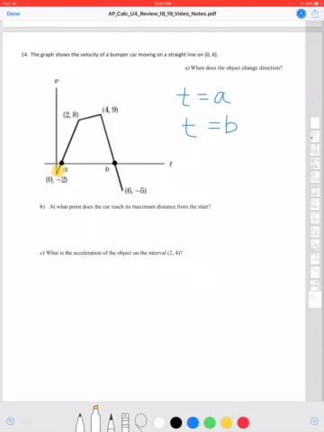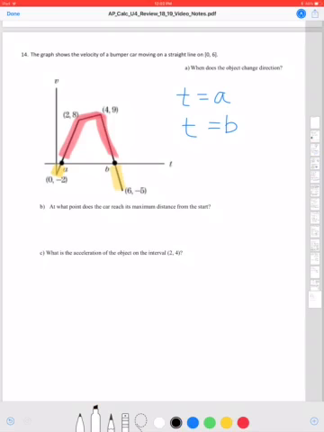But what I do know is that it starts out moving backwards, right? Because the velocity is negative. Then during this whole time here, where the velocity is positive, the object is moving forward, and then it moves backwards again.